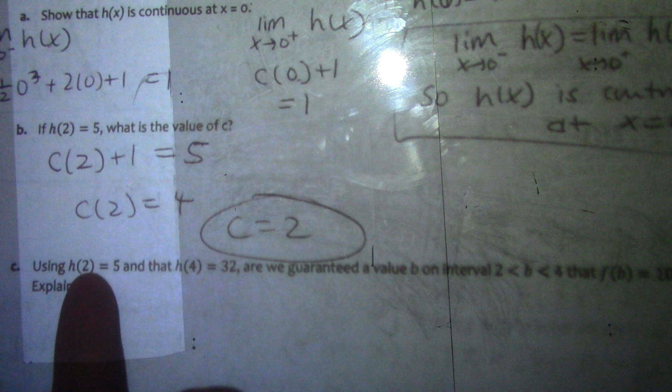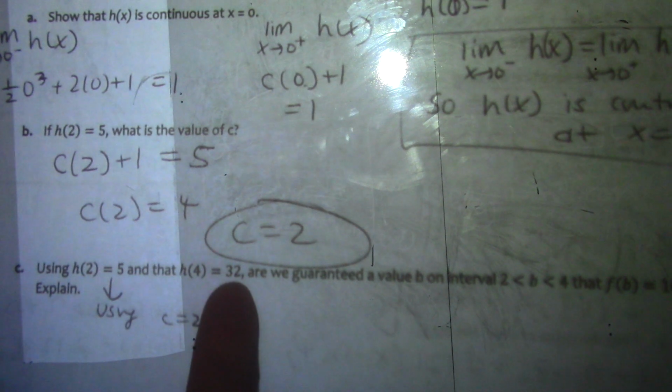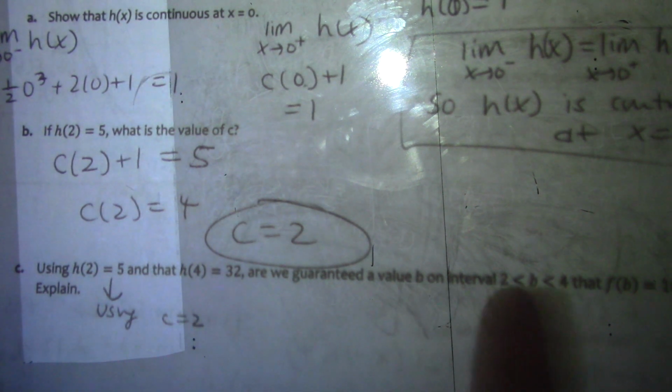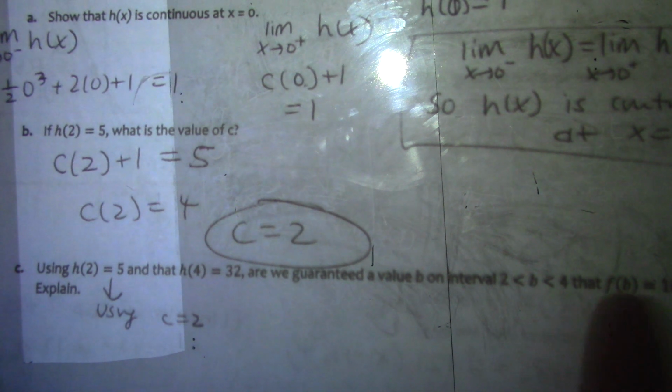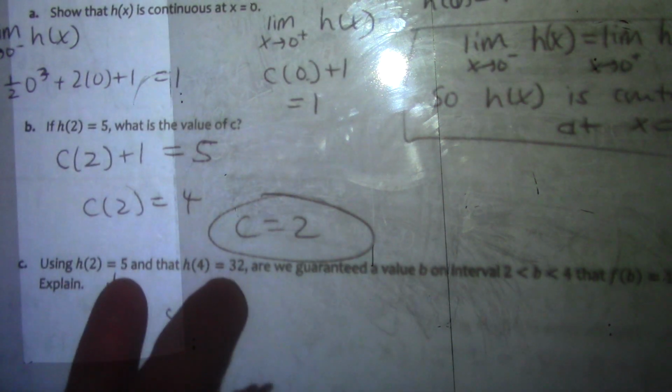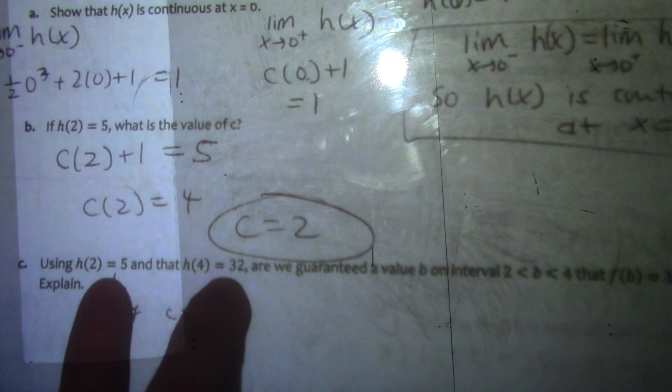Using h of 2 equals 5, so that means using c equals 2, and that h of 4 equals 32, are we guaranteed a value b on the interval between 2 and 4 such that h of b equals 10? So think about it. If we're trying to be guaranteed a value of 10, is that between these two values? So this would be the intermediate value theorem, right?